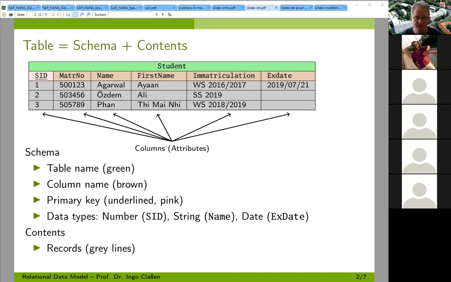And if the table name is student, we should only have information within that table that is directly related to that concept.